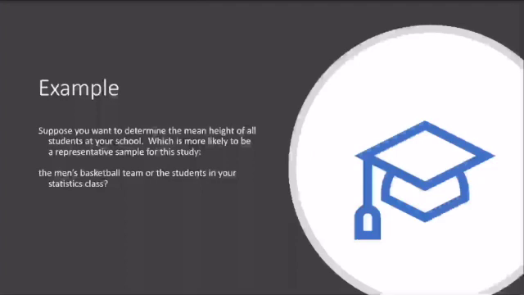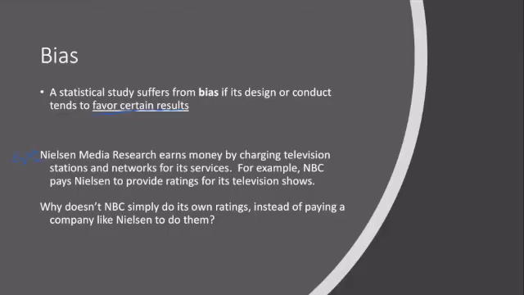Now, an example is that the Nielsen Media Research Company earns money by charging television stations and networks for its services. So what the Nielsen Company does is TV channels such as NBC pay them to provide ratings for its television shows. So how many people are actually watching them? What do people think about these shows?